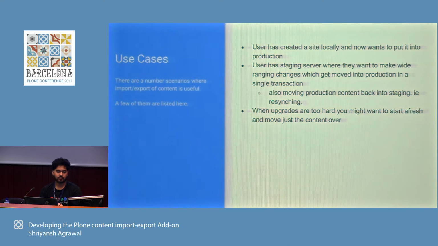Another use case this add-on solves is that it is very hard to upgrade to new Plone versions. This add-on somehow solves that problem, because it takes all of your data out of previous versions of Plone and simply imports it back into the new version.